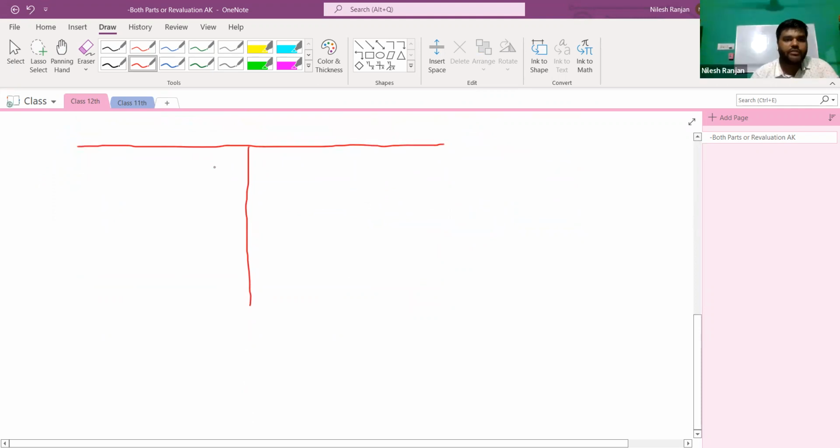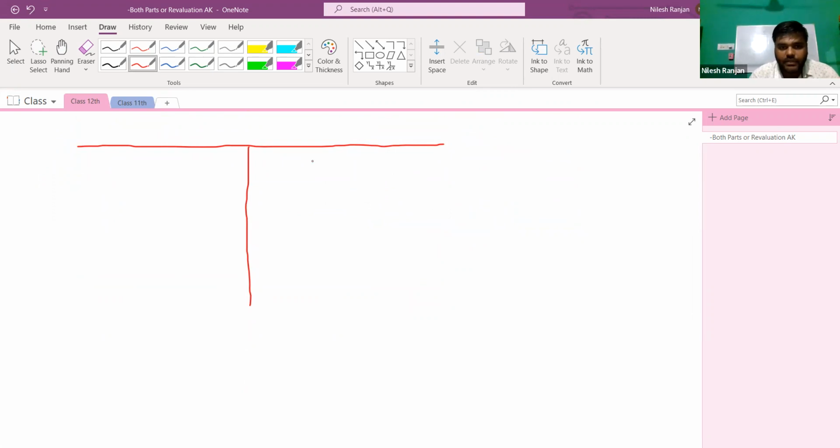So in our memorandum revaluation account, there is a profit of 10 lakh that we have to write here.